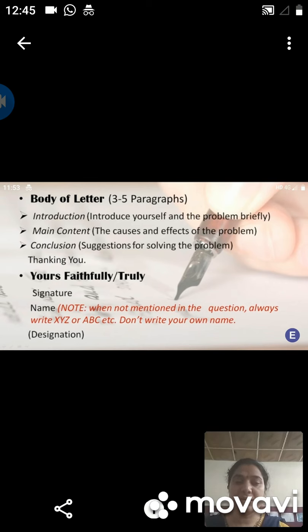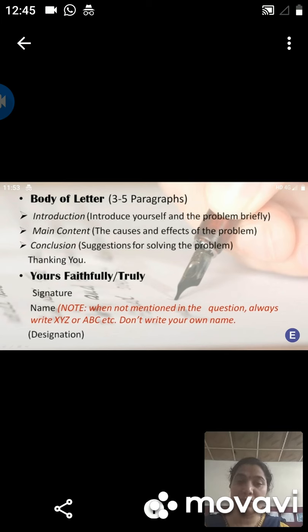The body of the letter should have at least 3 paragraphs. The first part is the introduction. You just introduce your problem. In the second paragraph, which is the main content, you elaborate your subject, and if there is a cause and an effect of the problem, you mention that, and there also you can divide it into paragraphs.